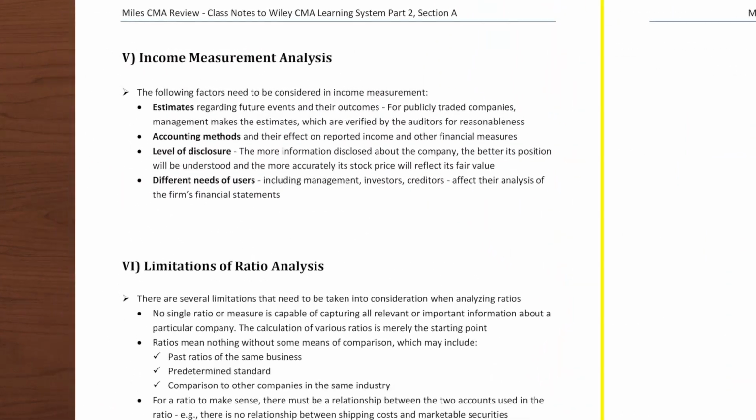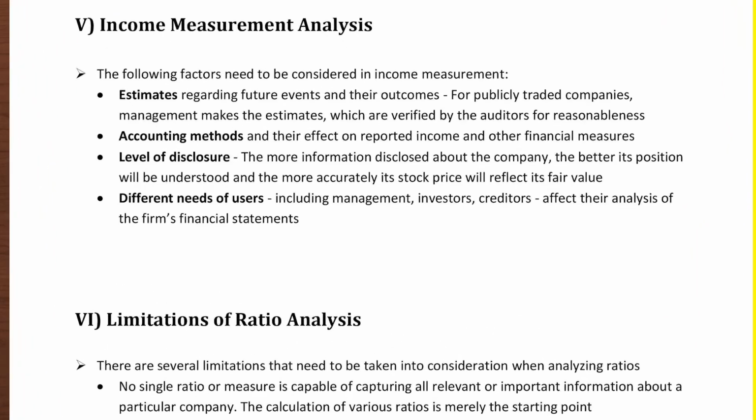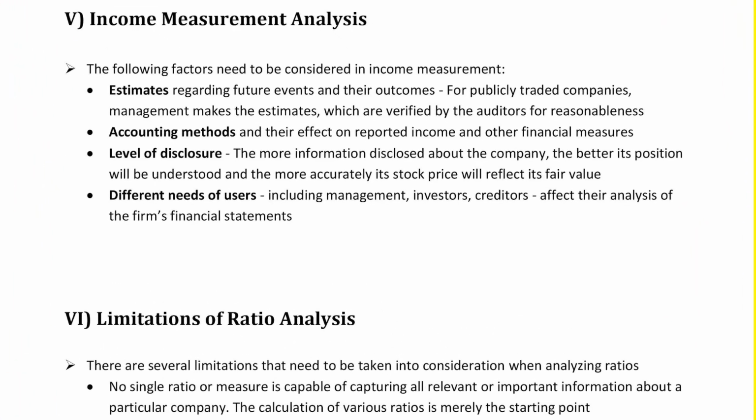Income measurement analysis. Here we have a few factors which need to be considered in income measurement. Estimates. These are estimates regarding future events and their outcomes. These estimates are made by the management and are then verified by the auditors to determine if they are reasonable. Accounting methods, which have an effect on the reported income.